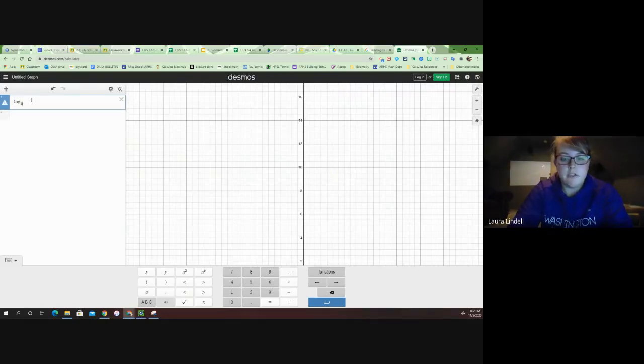So log base 3 of 47 is 3.5045, so that would round to 3.505 if we're rounding to 3 decimals.